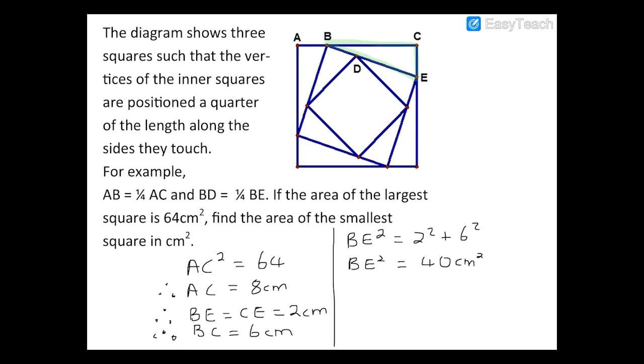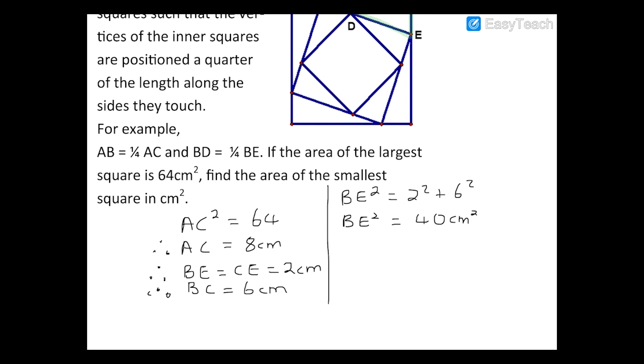Okay, now remember that BE squared is also the area of the second square. Because the area of a square is a side squared, the area of this second square is 40 centimeters squared.